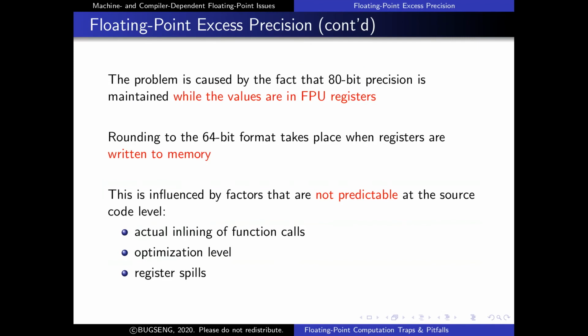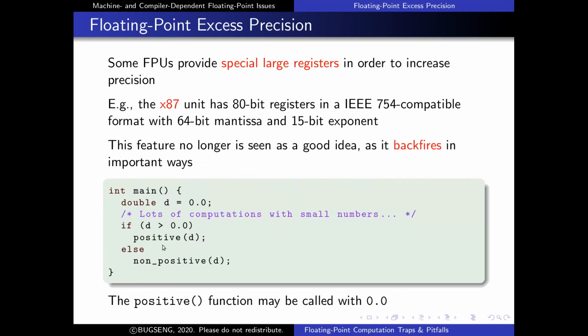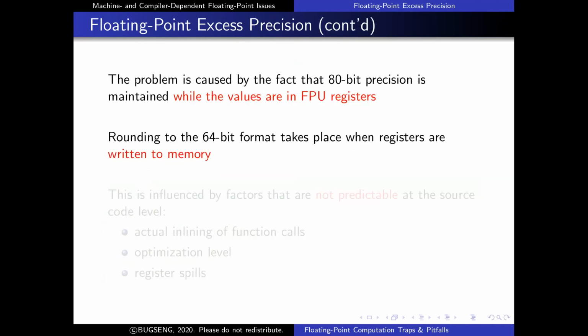It depends on whether inlining took place or not. For example, here, if the positive function has been inlined, then maybe the value d is not even written to memory, so truncation does not happen.